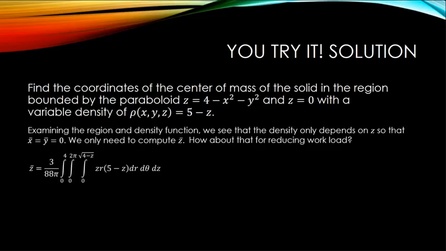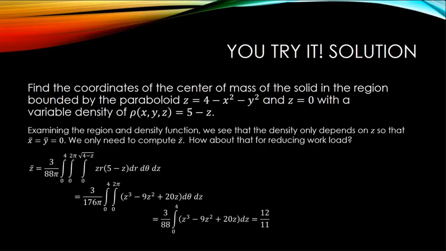I again pick my order of integration in a way to help me eliminate variables one at a time and simplify my process. I get 1 over 176 pi times the integral from 0 to 4 of the integral from 0 to 2 pi of the quantity z cubed minus 9z squared plus 20z d theta dz.